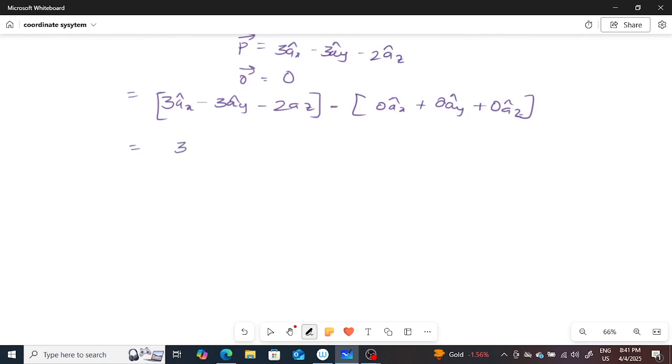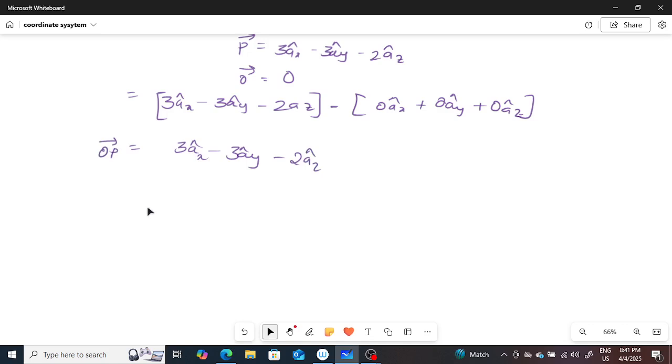So 3 minus 0 is 3. This is the OP vector: 3ax minus 3ay minus 2az.